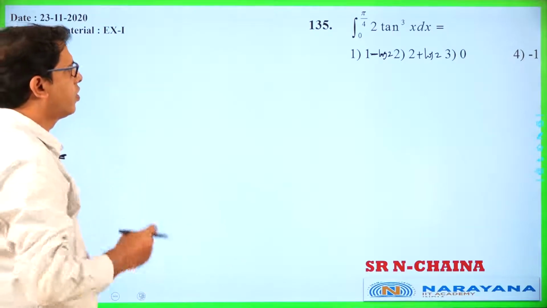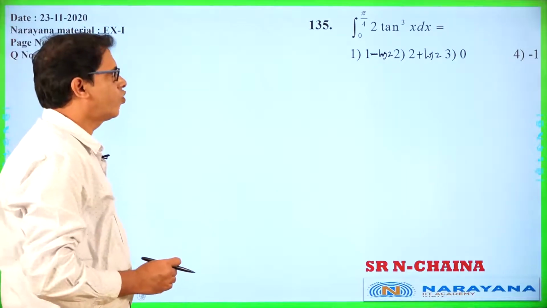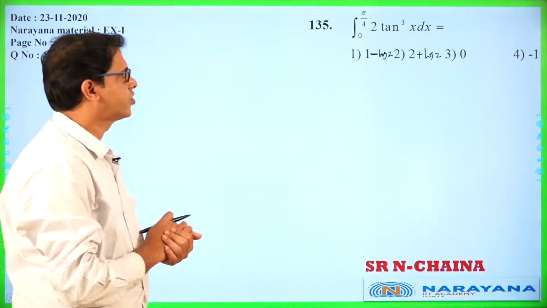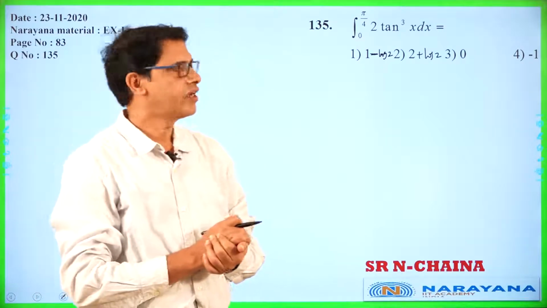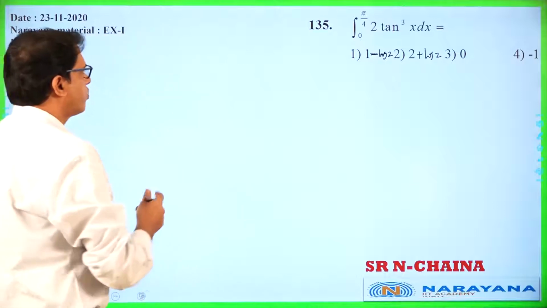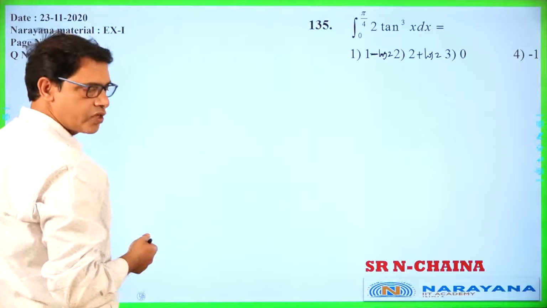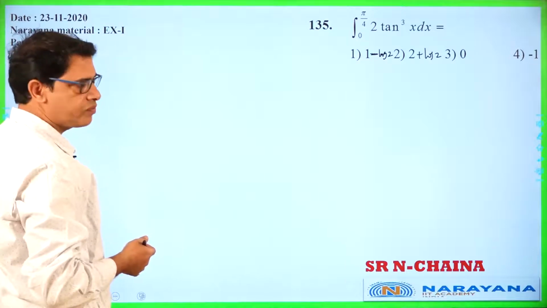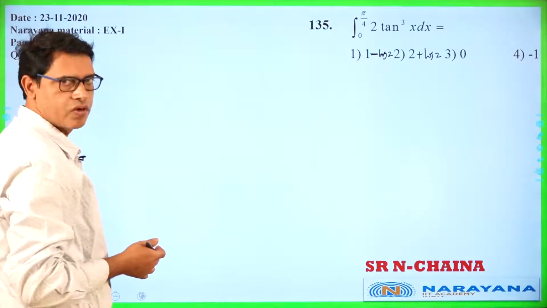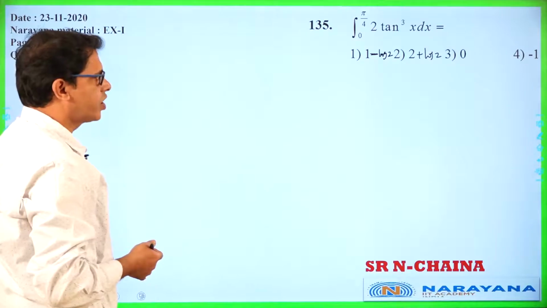here 0 to pi by 4, 2 tan cube x dx. 0 to pi by 4, 2 tan cube x dx. Okay. So in place of tan cube, you can write tan square into tan, so that we can integrate. Otherwise you can apply the reduction formula directly.